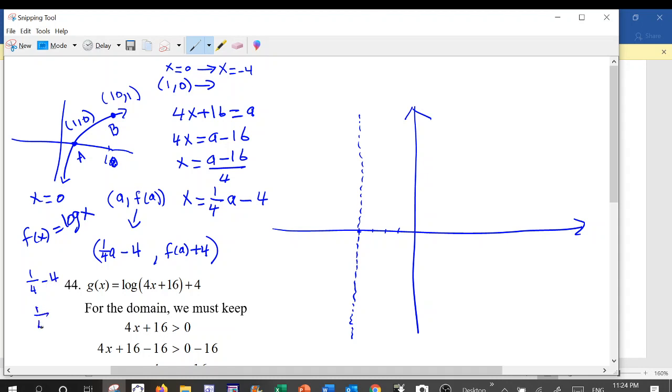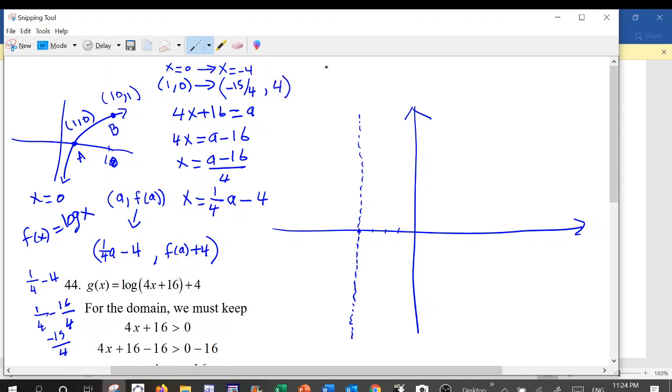So that's 1 over 4 minus 16 over 4, which is negative 15 over 4, right? So the x goes to negative 15 over 4. Now what happens to the y coordinate? 0 plus 4 is just 4, right?